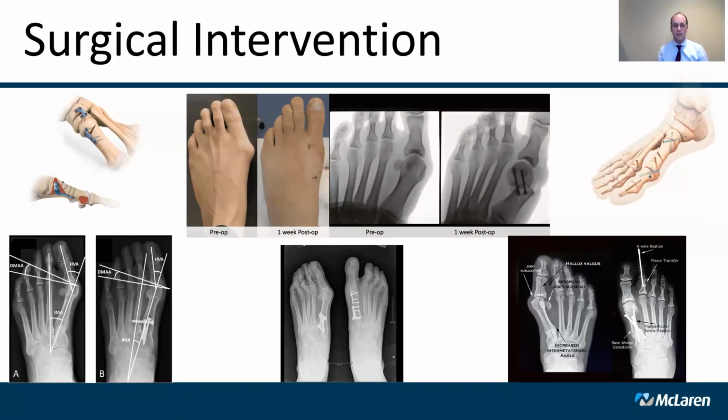There's over 100 described surgical techniques in the scientific literature on how to correct bunions. And you can see some of those various techniques in front of you on your screen right now. They're not all equal. Each of them addresses a different portion of the bunion. And some of them are more powerful than others based on the severity or the specific complaints of the patients.